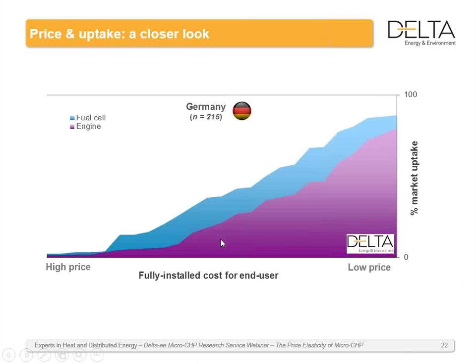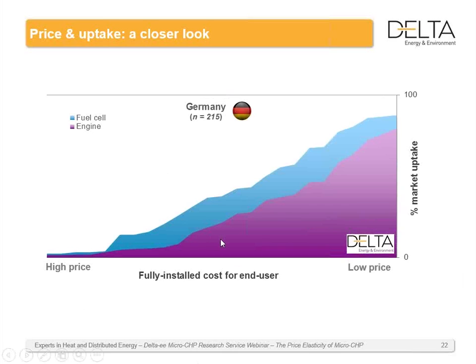This was just looking at the residential market, which has been the key focus of micro-CHP players up to this point. In terms of where an internal combustion engine system would lie on this chart, well, of course it has a higher electrical output than Stirling engine systems and a considerably lower margin than a fuel cell micro-CHP product.